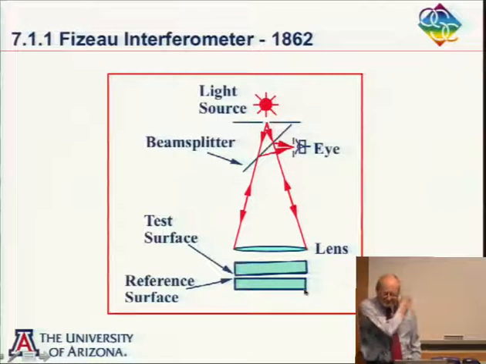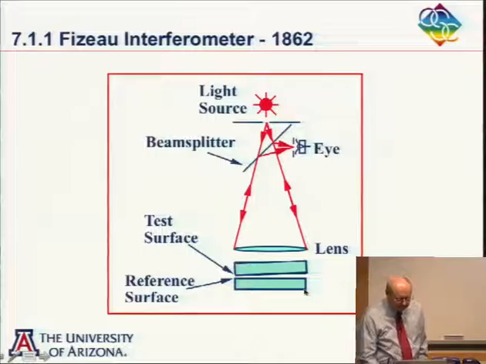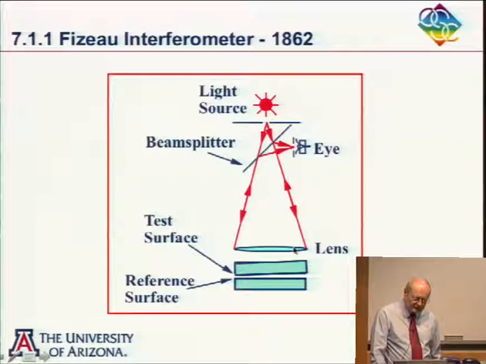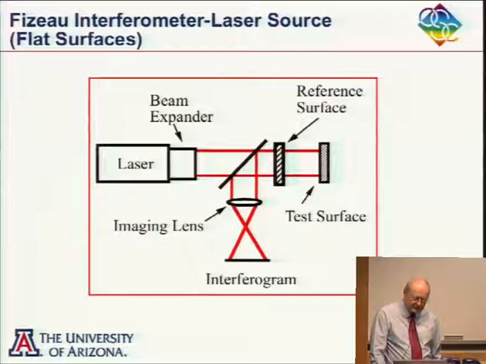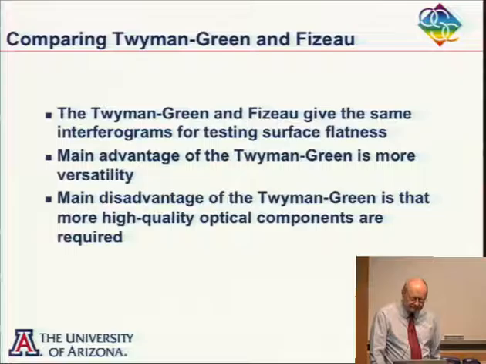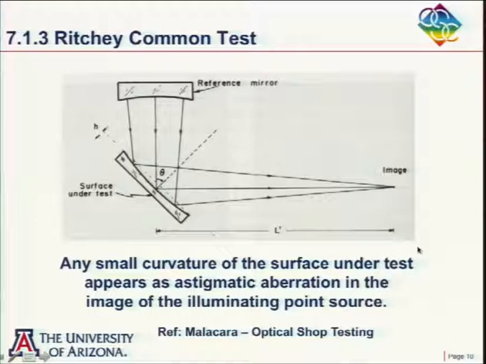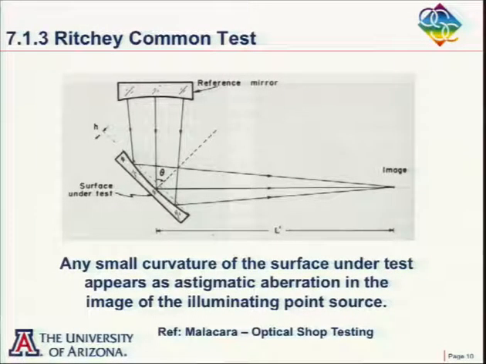And even going back here, if I want to test a 1 meter diameter flat, I have to have a large reference flat. And that can be a real problem. So that's where the Ritchie common test comes along. This is a test that's been around for who knows how long, a long time.